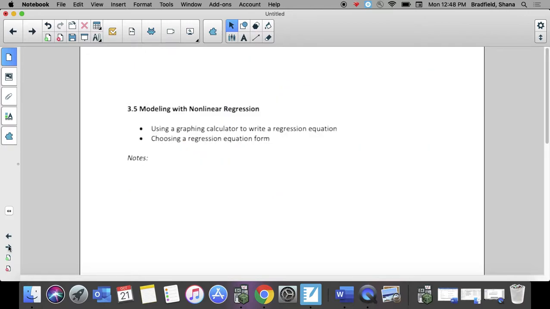And then our last one, using a graphing calculator to write a regression equation. So we had several steps for that. Using our graphing calculator, if we're given data, we put that in our list and we edit the list.